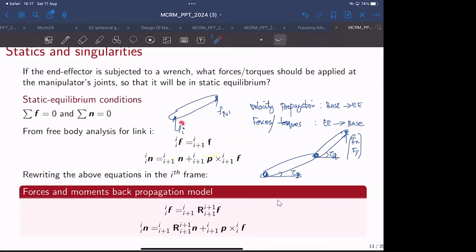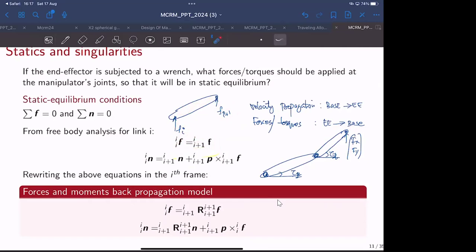If I label the forces at the proximal end as Fi and the distal end as F(i+1), so for the static equilibrium of this link, the forces at both of these ends should be balanced, right? So this force and this force should be balanced. And if you bring everything to the ith frame of reference, this is how you have to write. Everything should be in terms of the ith frame of reference, because it is a backward propagation from the (i+1) frame to the ith frame.